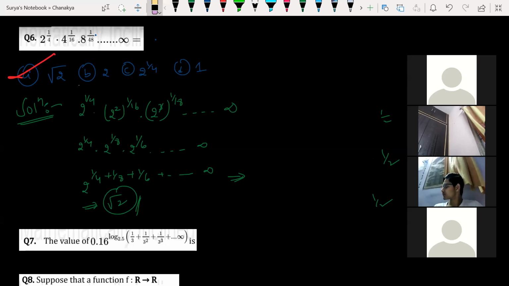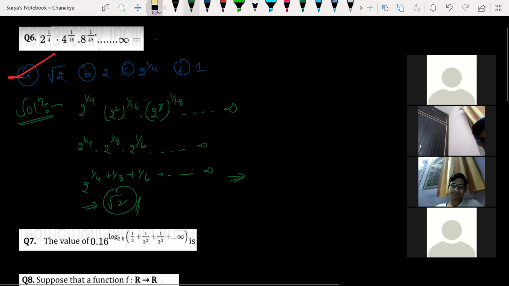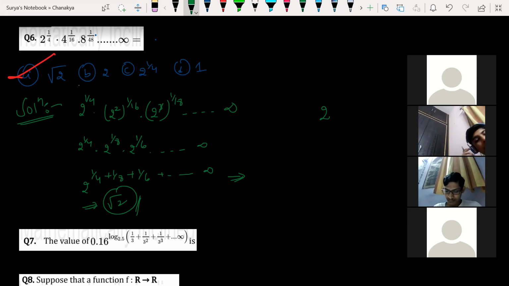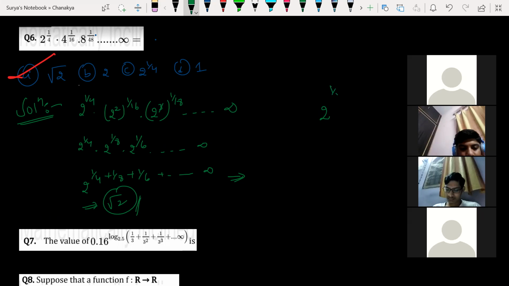Look at this here. See here, what I'm doing is, the bases are the same, so I add the powers. So 1 by 4 plus 1 by 8 plus 1 by 6 and so on. If you calculate all these, 2 to the power of 1 by 2 is equal to root 2.